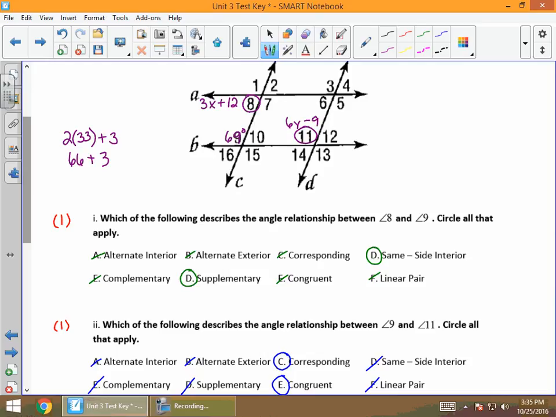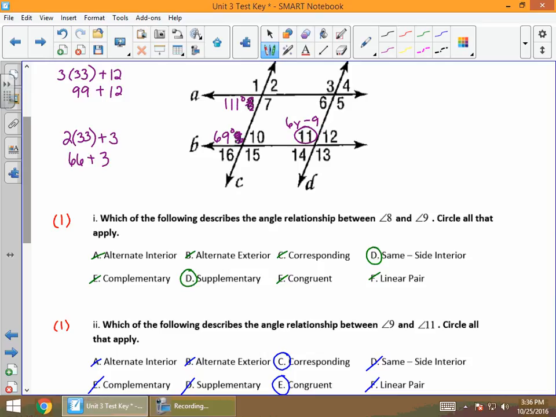I could do the same thing for 8. 3 times 33 plus 12 is 66 plus 12. No, I'm sorry, change that. 3 times 33 is 99, plus 12 is 111 degrees. So angle 8 is actually 111, and angle 9 is actually 69.